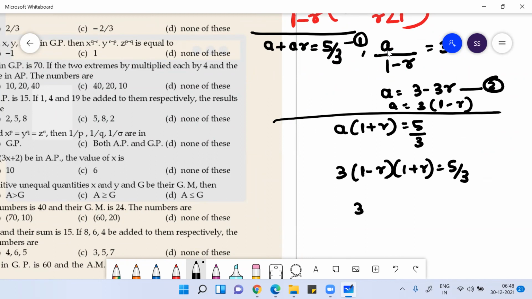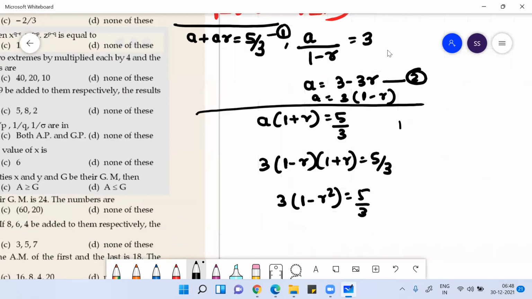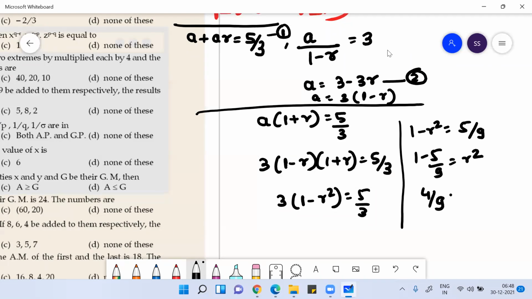You can write 3 into 1 minus R square is equal to 5 by 3. So 1 minus R square is 5 by 9. So 1 minus 5 by 9 is equal to R square, so 4 by 9 is equal to R square. So your R is equal to 2 by 3.